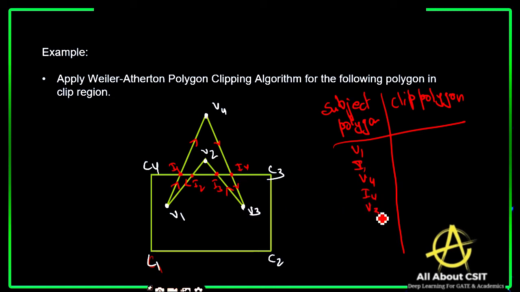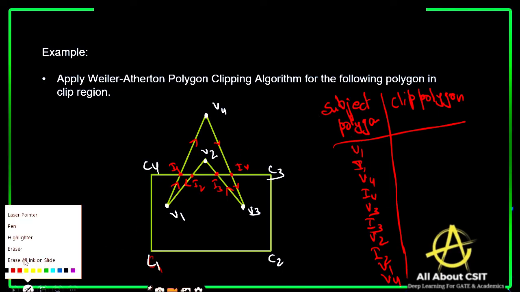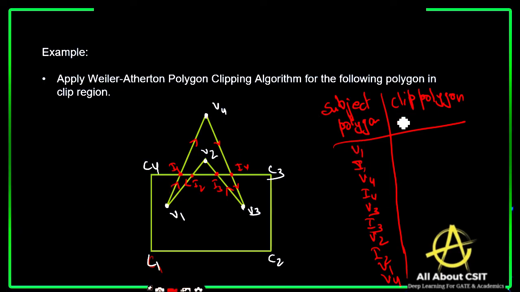Now vertex V3, next intersection point I3. I3 to V2, V2 to I2, I2 to V1, V1 again to V4. So this is the subject polygon, which is nothing but the vertices with intersection points.